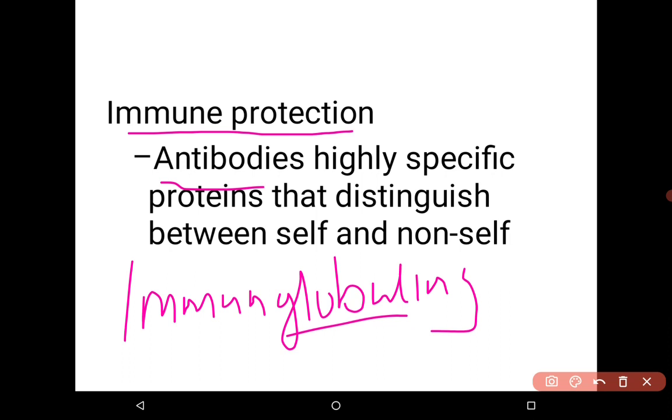Antibodies are highly specific proteins that distinguish between self and non-self. They are able to recognize what we call antigens. They will recognize something that belongs to the body and something that does not, and then they provide protection.